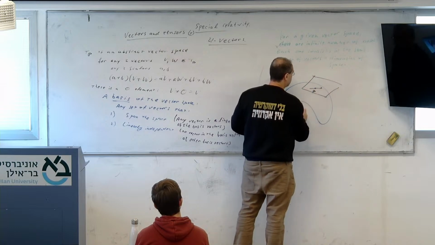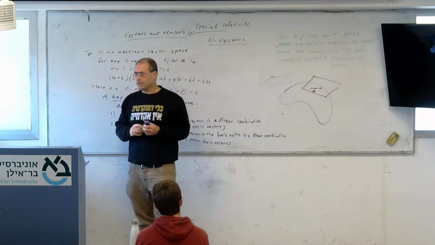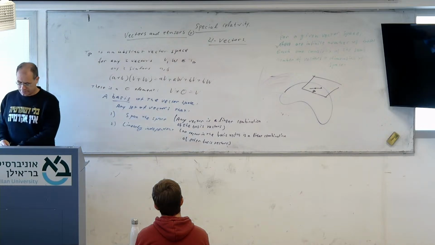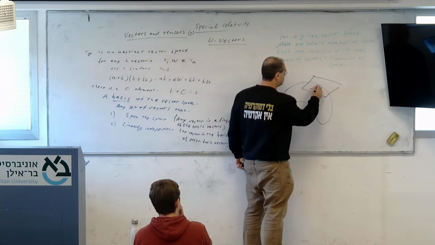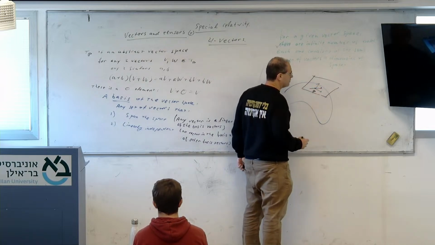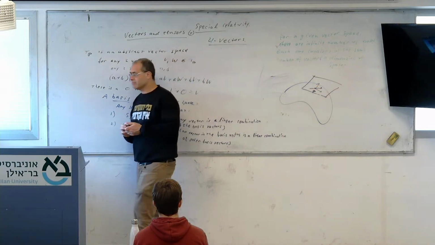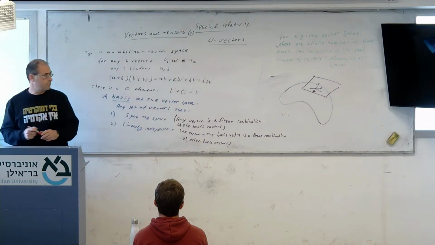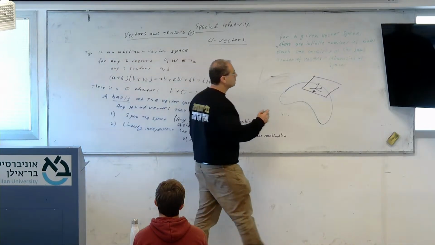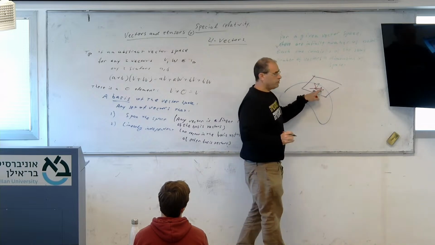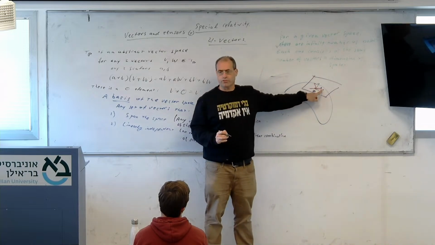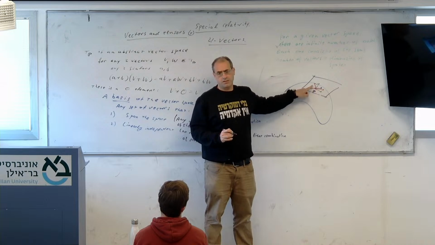This is my vector. Now I can choose a basis, a coordinate basis, which can be this one, or I can choose a different basis. Components of the vector on each basis are different, of course, but the vector itself doesn't care.